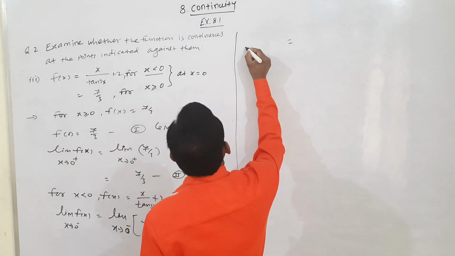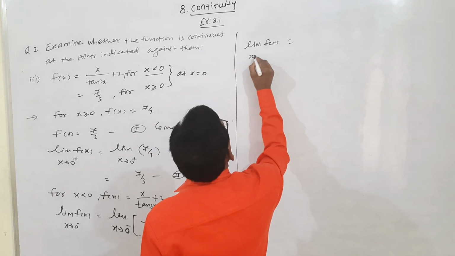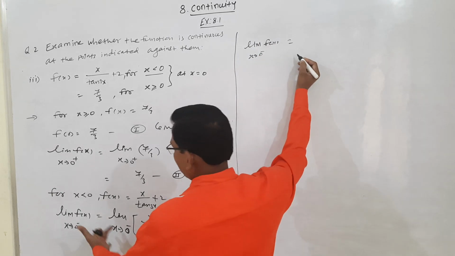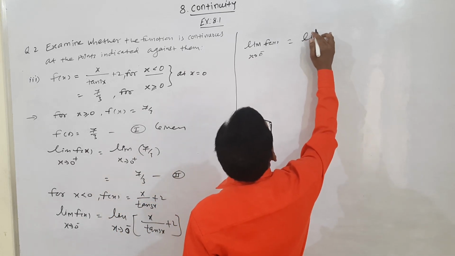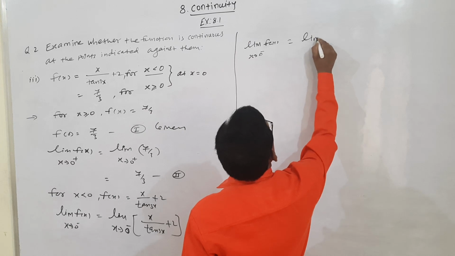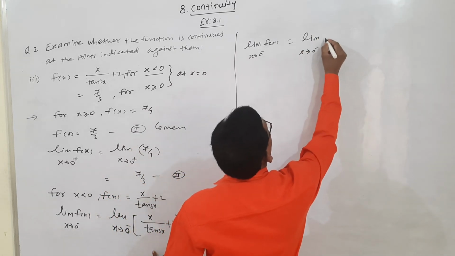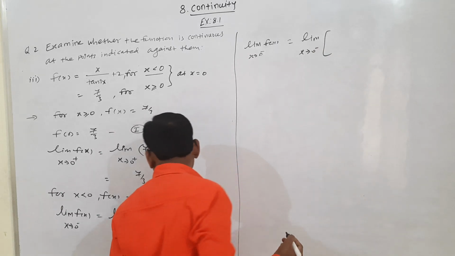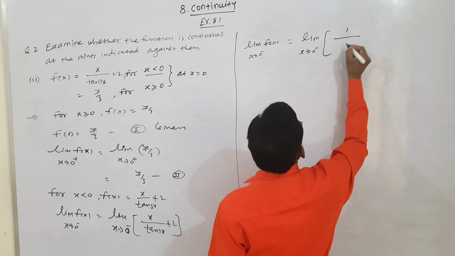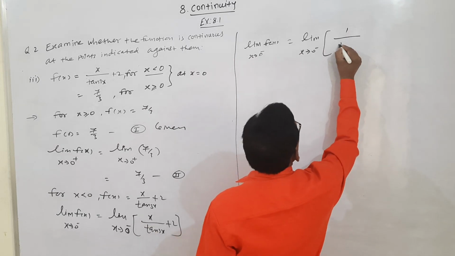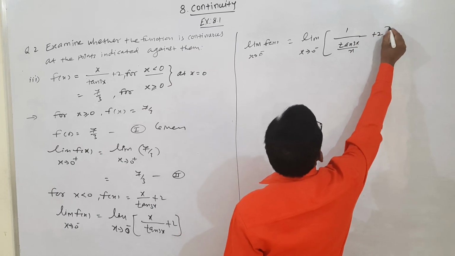The left hand side limit of that function as x tends to 0 minus is equal to, we divide numerator and denominator by x. When we divide x by x, it is 1 in the numerator, and in the denominator it is tan 3x divided by x plus 2.